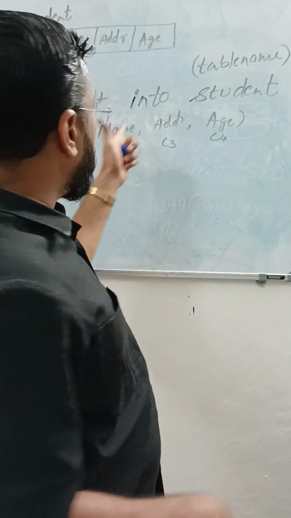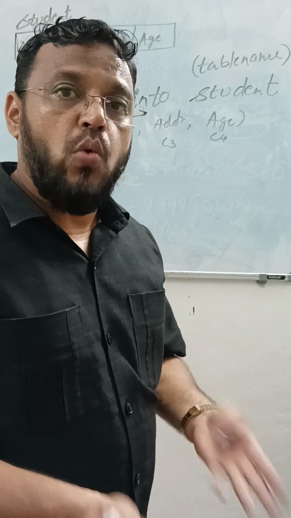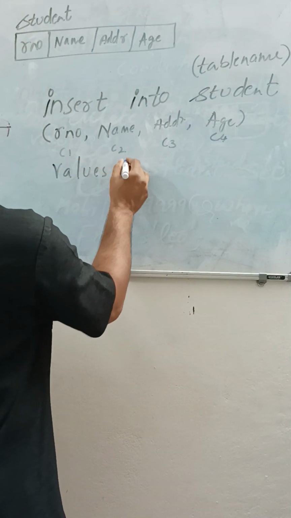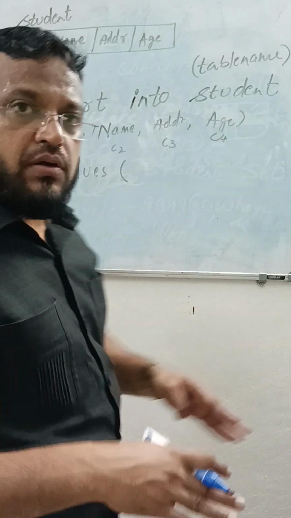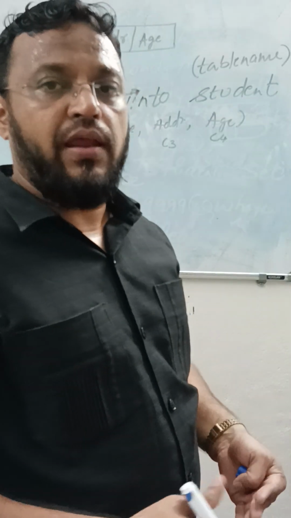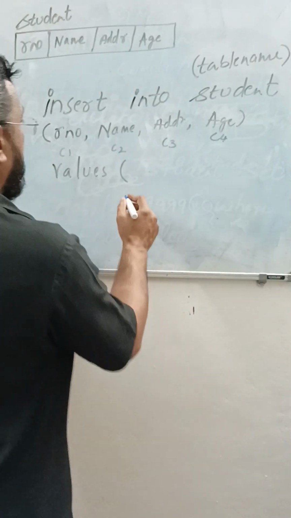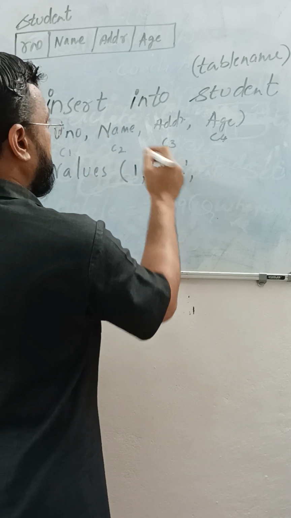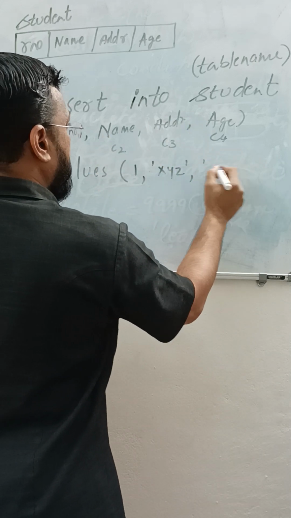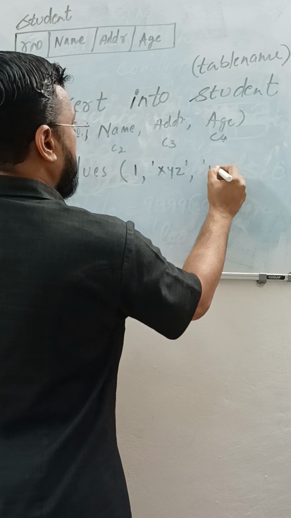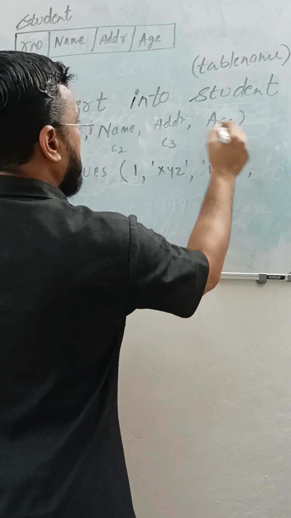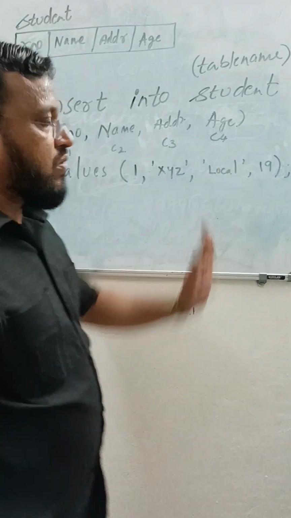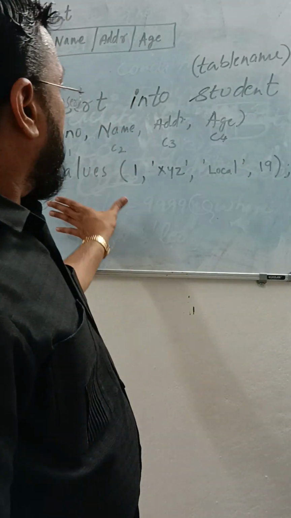This student has four columns. So what do I want to insert? Values, the information about that particular student. Here roll number 1, name, some XYZ for example, address, you give some address, then age, 19 years, then semicolon.